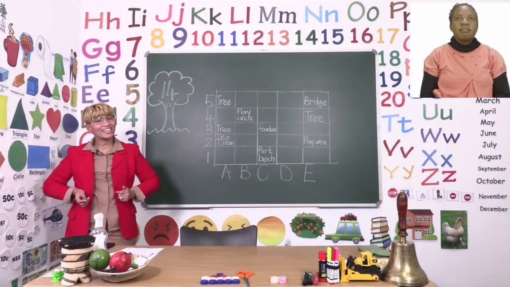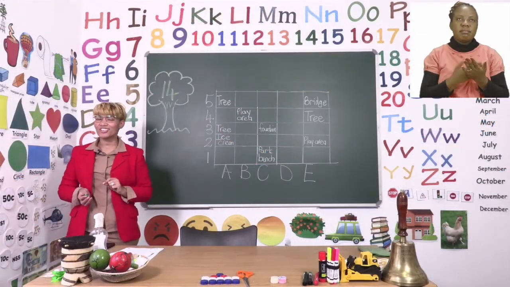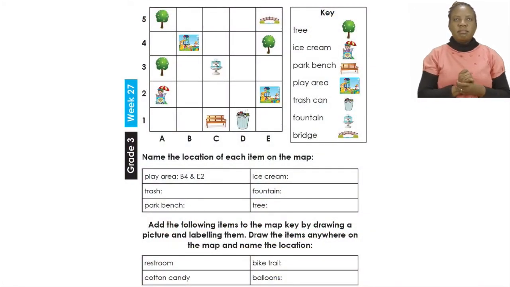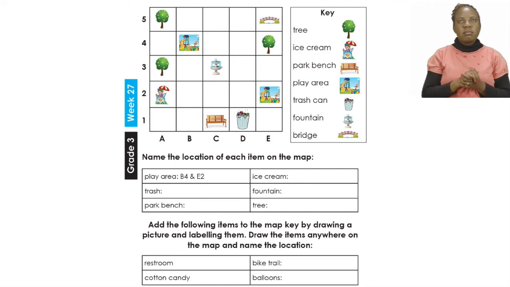For this part of our lesson, boys and girls, let's start on page 14. Here we are going to do some geometry. It says we have to use the map and key to complete the grid and answer the questions. On the page you will see there's a map, and right next to the map you have a key, which is also labeled key.